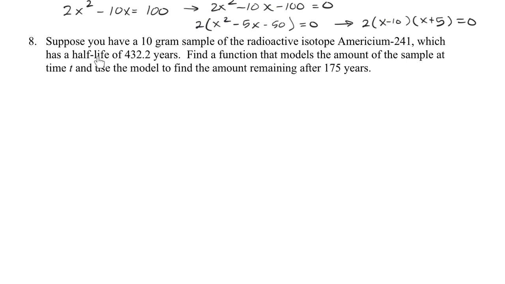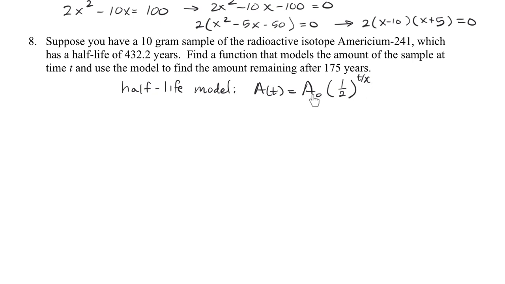Because there's a specific half-life mentioned, I'm going to use the half-life model, which is the amount at any time t is equal to the initial amount and a base of 1/2. The exponent is t over x. And remember, x is your half-life time, which in this case is 432.2 years.